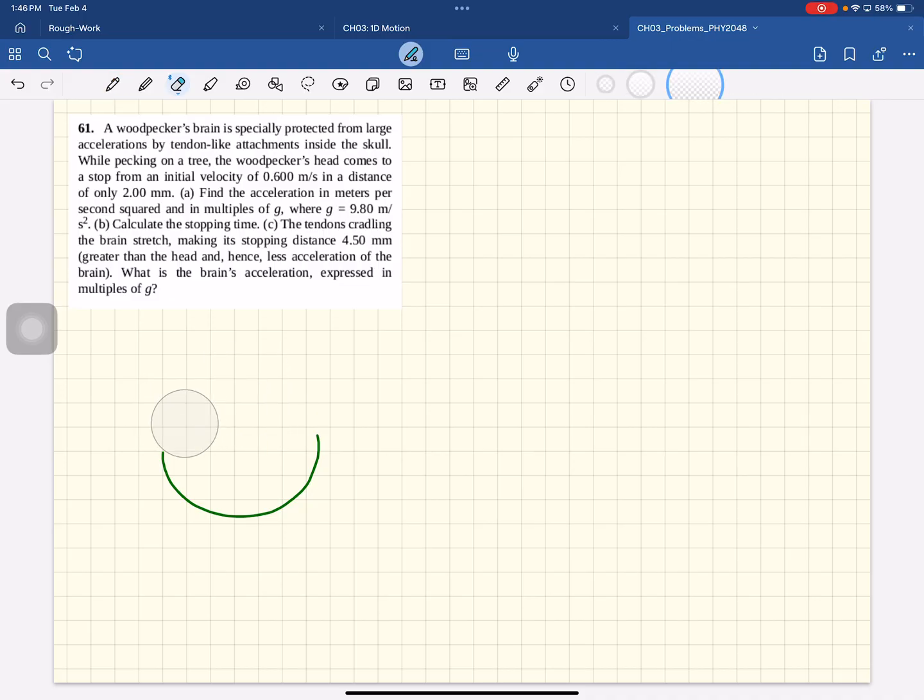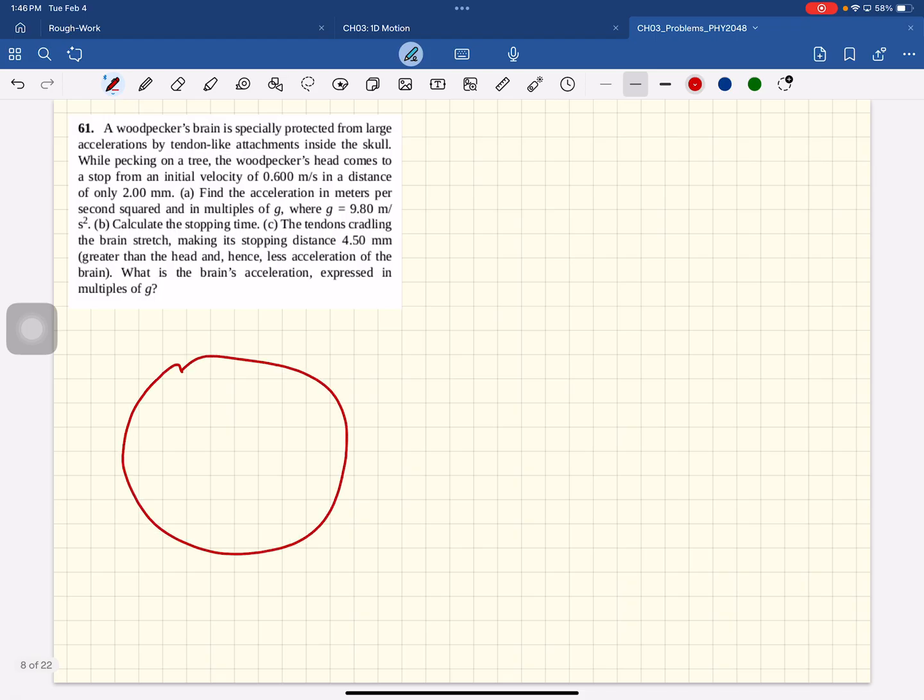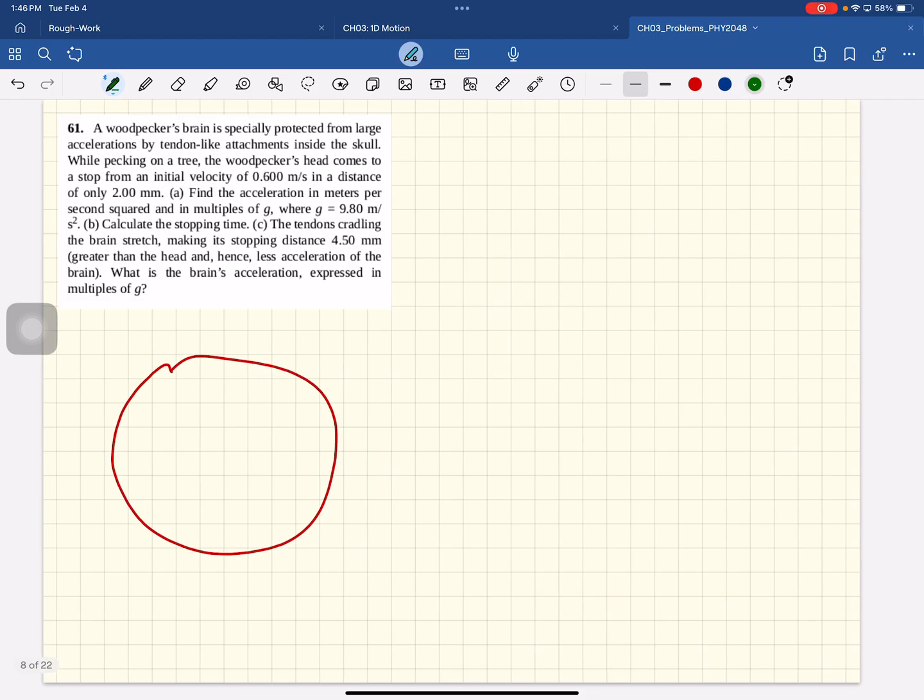I'll draw. So this is the brain, and these are sort of rubber band attachments to the skull. And the idea is as follows.